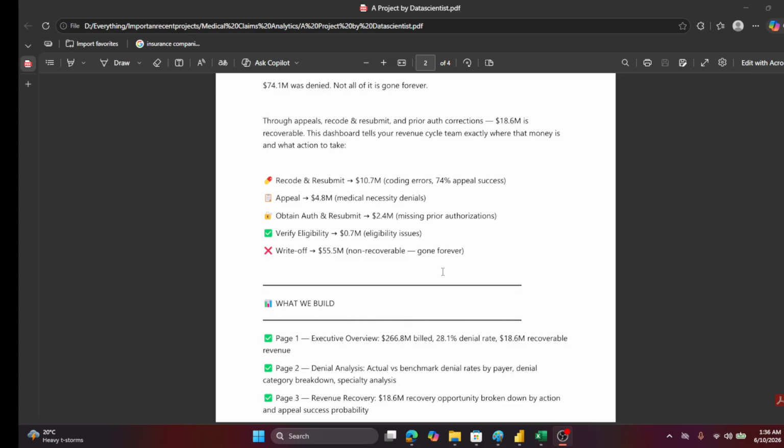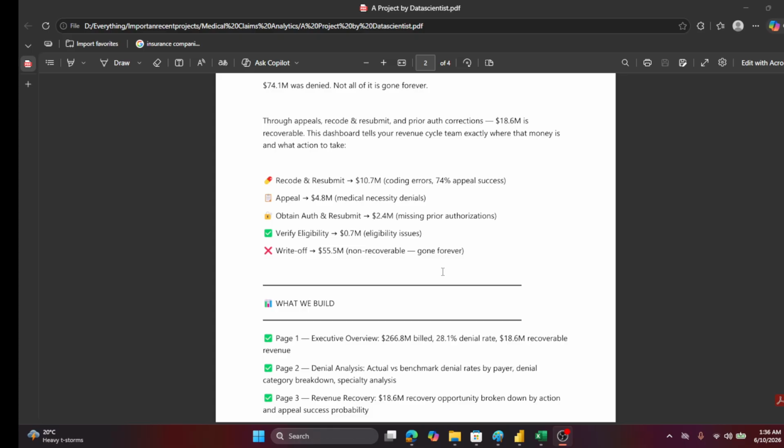Then we have appeal, 4.8 million for medical necessity denials. Obtain authorization and resubmit, 2.4 million for missing prior authorization. Verify eligibility, 0.7 million for eligibility issues. Write off 55.5 million: non recoverable, gone forever.